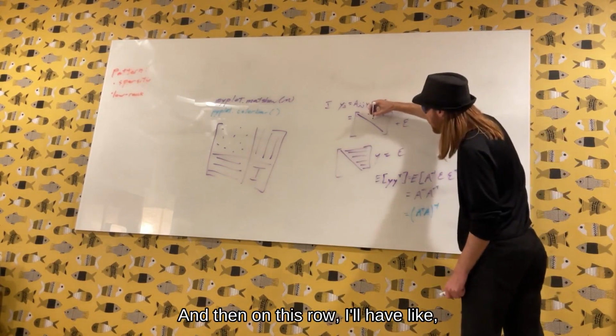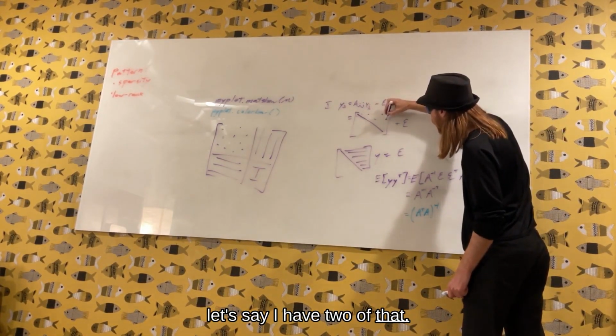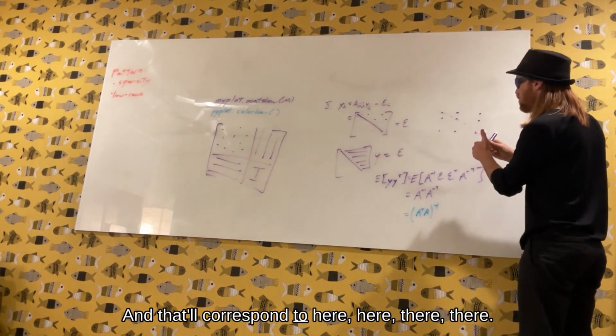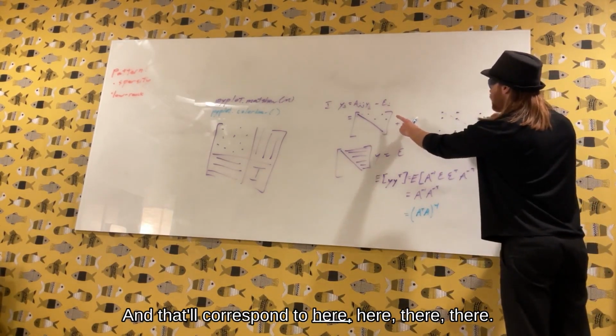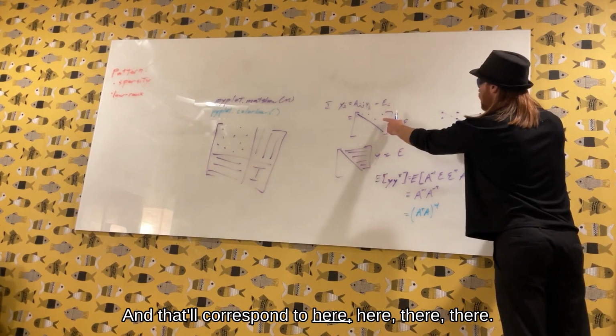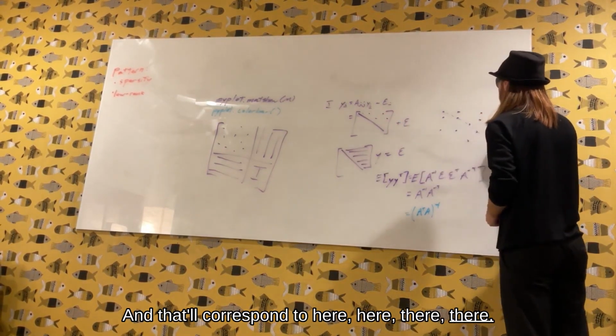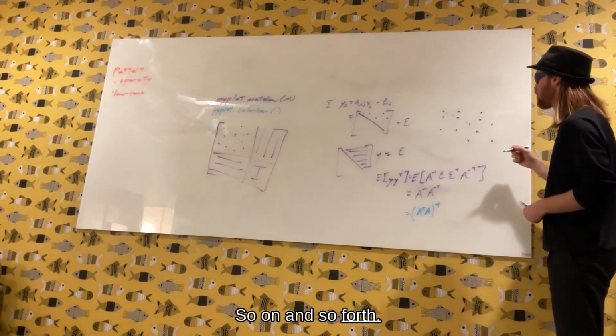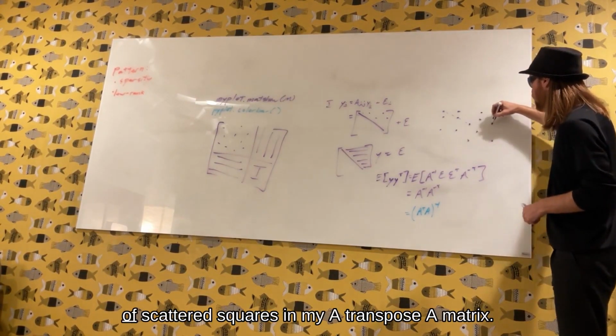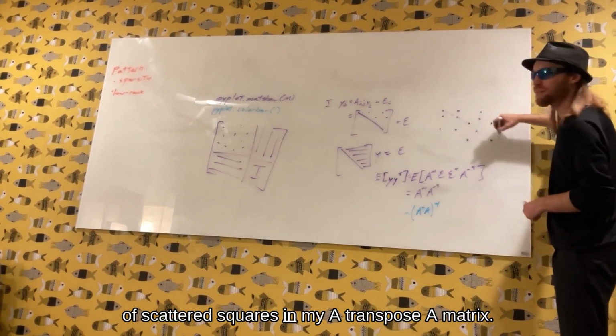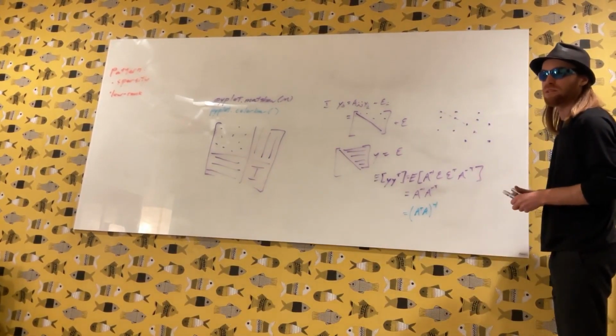And on this row, let's say I have 2 of that, and that will correspond to here, and there, and there. So on and so forth. So the point is, I'm going to get these scattered squares in my A transpose A matrix.